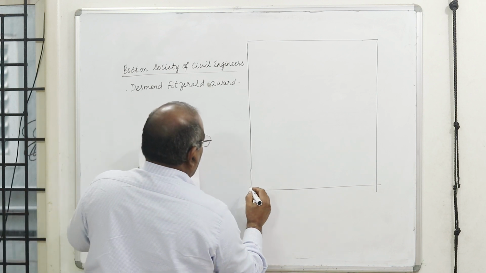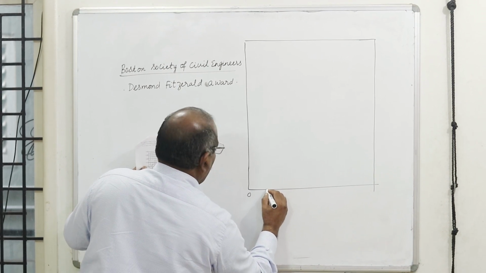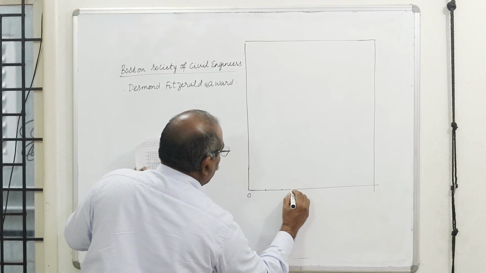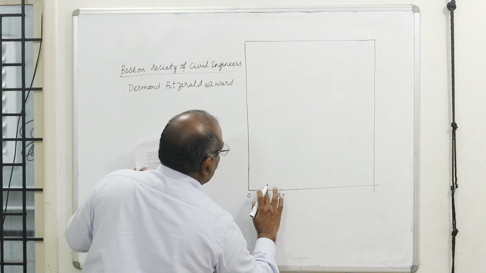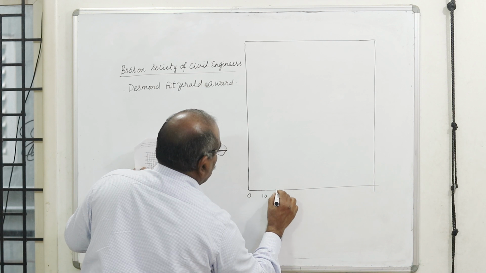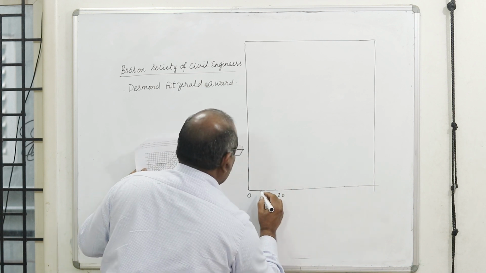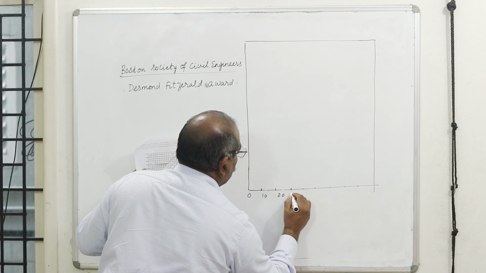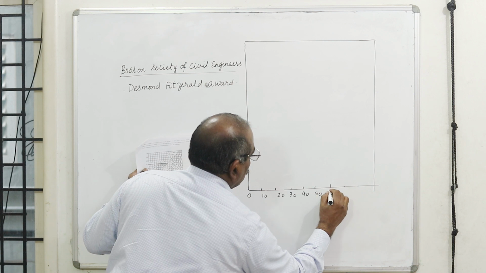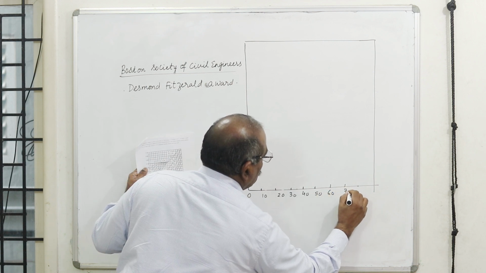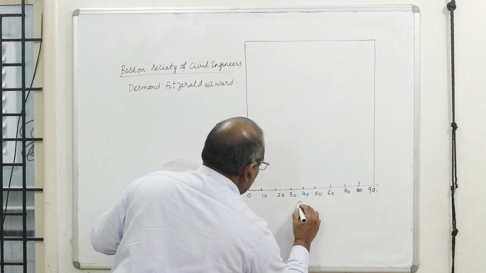Now let us see what the features of this chart are. We have the slope angle: 10, 20, 30, 40, 50, 60, 70, 80 and 90. This is the slope angle.